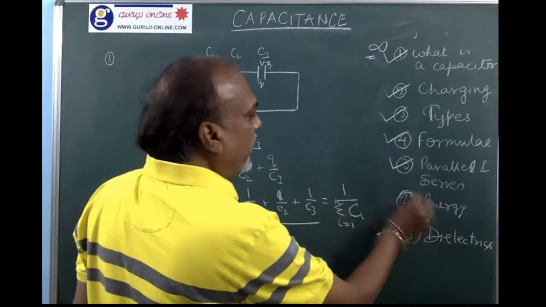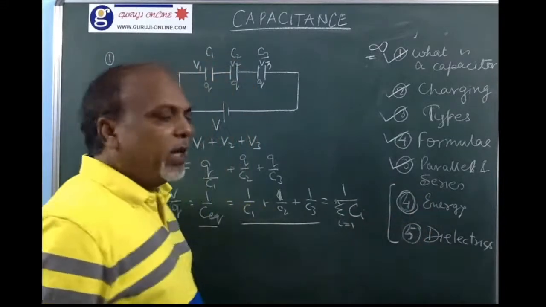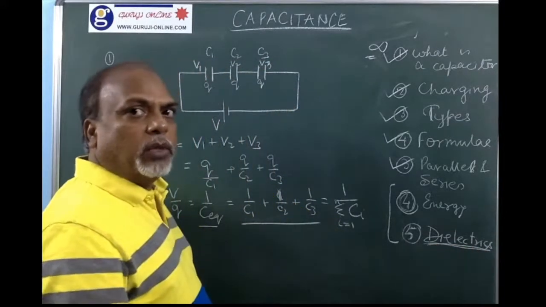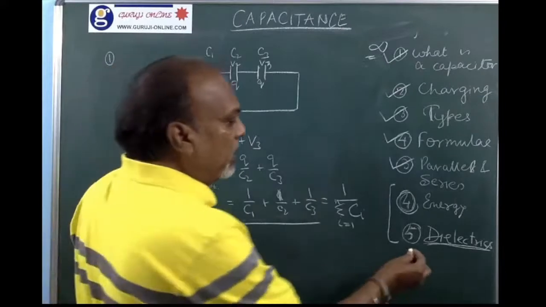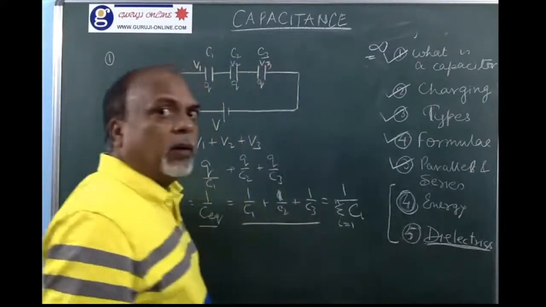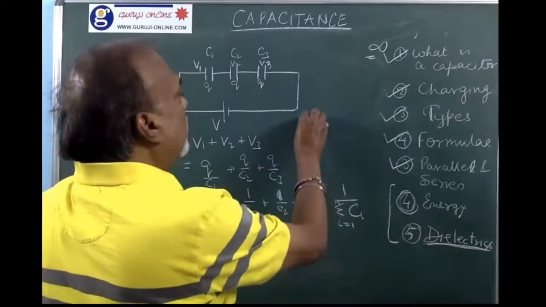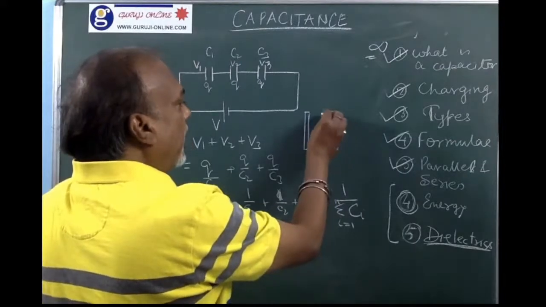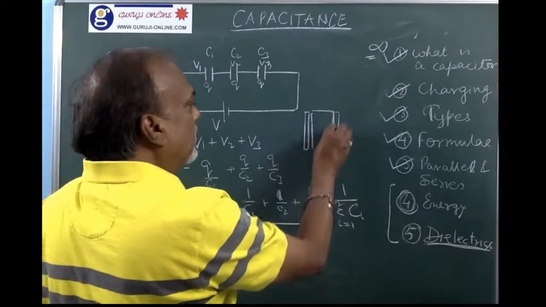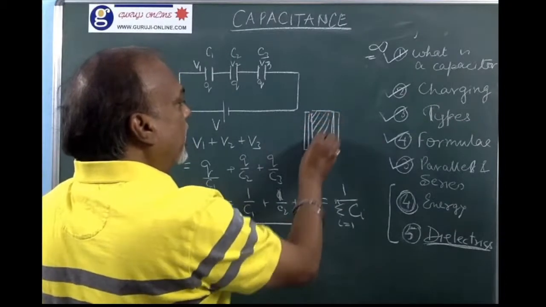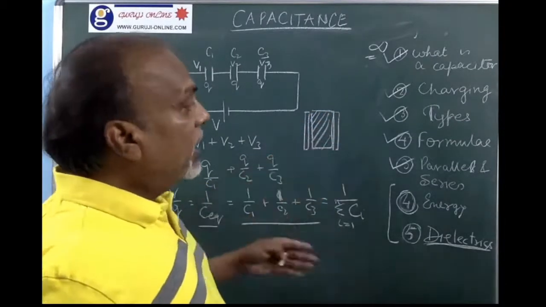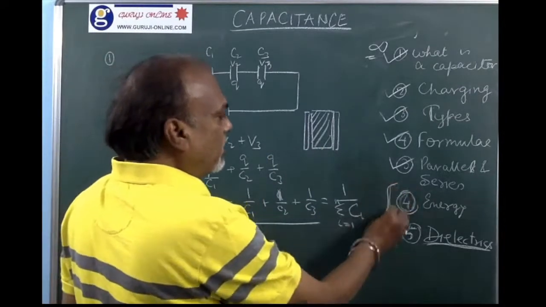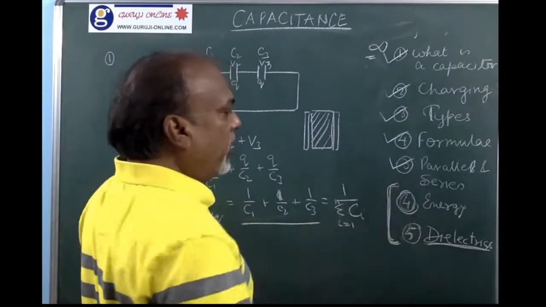Two very important things are remaining, because this is also very large: dielectric substances, the atomic view, and what happens when dielectric substances are inserted between parallel plate capacitors, and if they are in series or in parallel, how the formulas change. All those things, because this is also a very long topic.